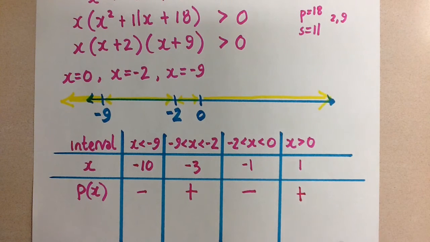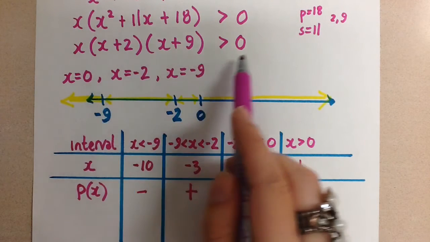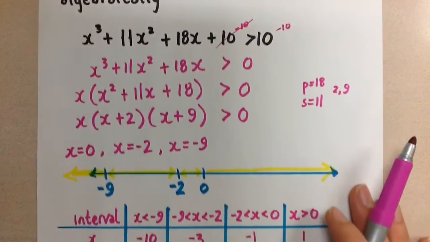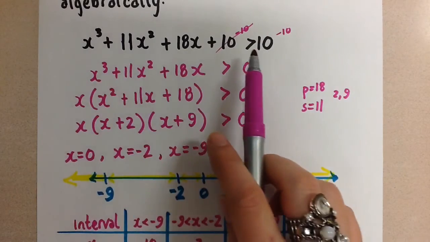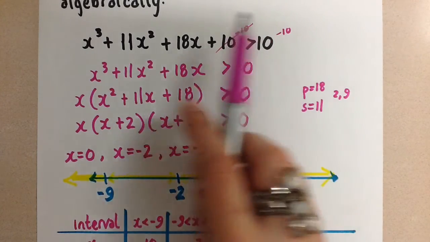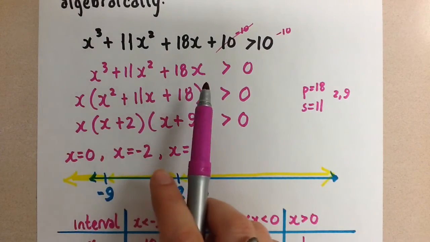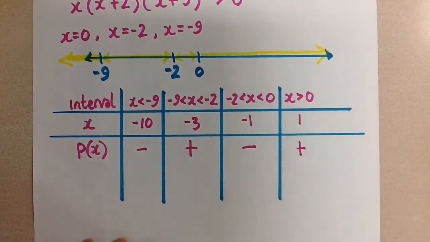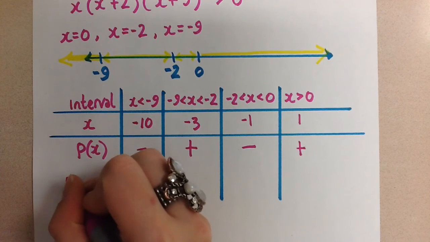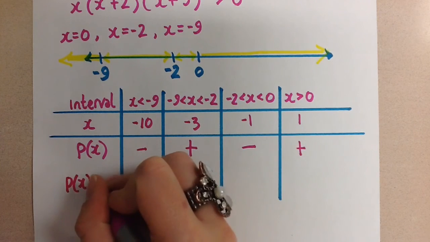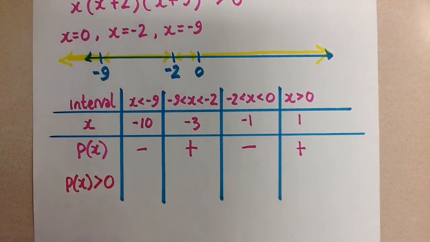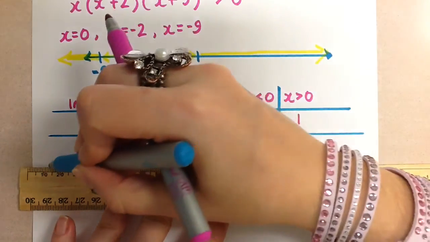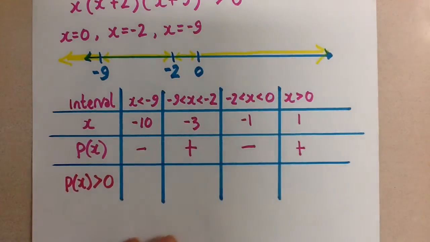Now we can find the intervals that satisfy this original polynomial inequality that we were given. So the original question asked when was the polynomial greater than 10. We rearranged it to be this polynomial greater than 0. So now we're going to find all of the intervals in which the polynomial is greater than 0. So when is that polynomial value positive? Well, it's very simple to do that.